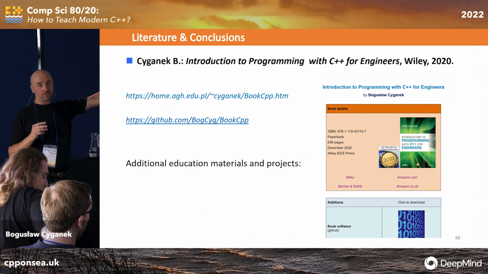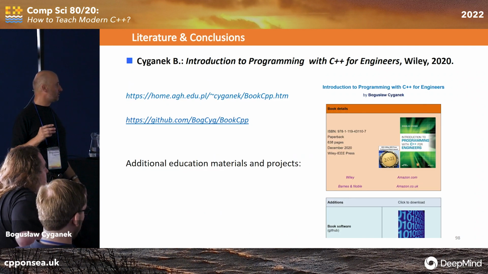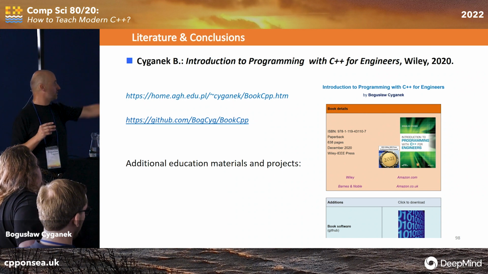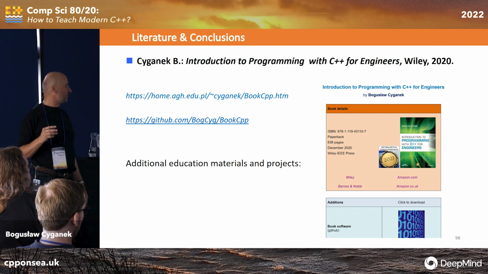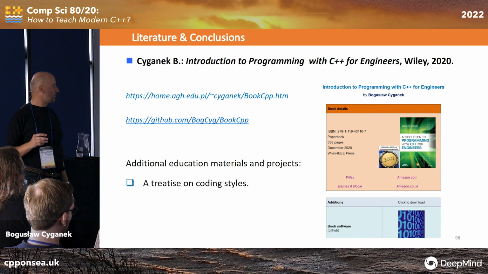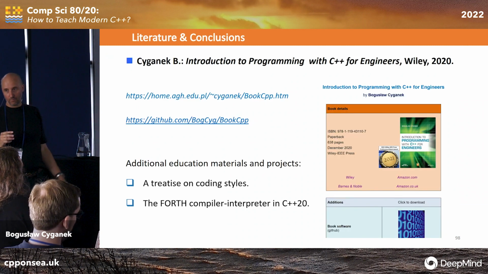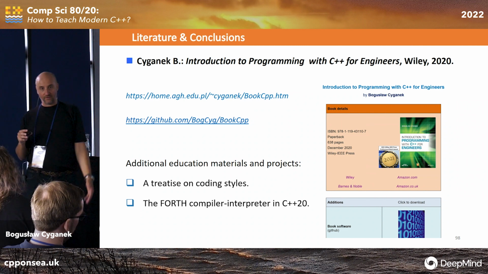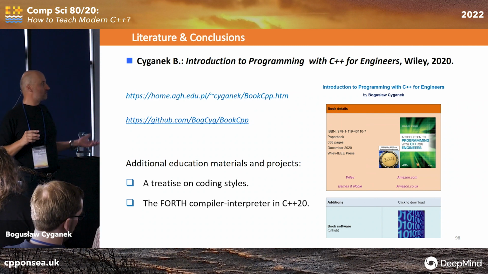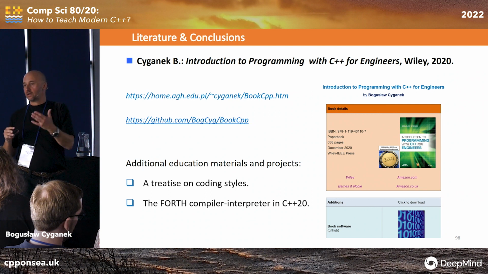You can find the materials if you Google my name. It is available on Amazon, but the code is free on GitHub. You can find it quite easily. There is also this Ford compiler example on my webpage, another advanced example for advanced students, to see all this unique and shared pointers.